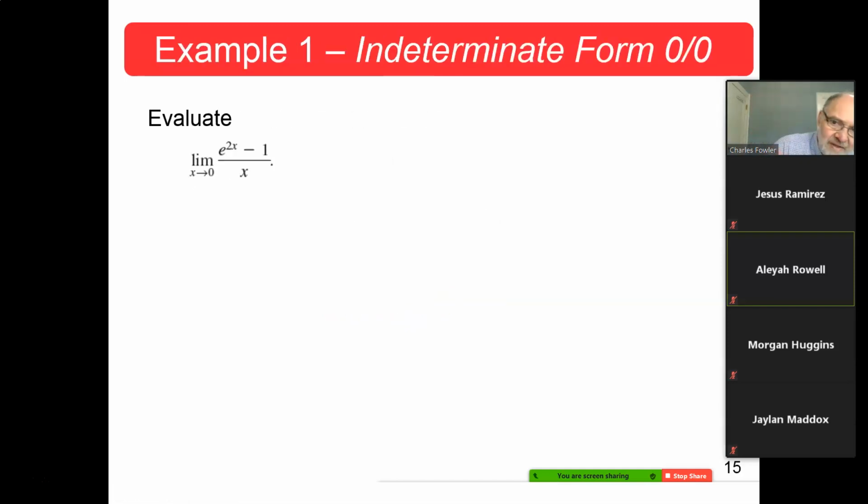So, here's the problem, the very one that we're talking about. What is the limit as x approaches 0 of e to the 2x minus 1 over x? As x approaches 0, 2x approaches 0, e to the 0 approaches 1, 1 minus 1 is 0 over 0, can't evaluate it.